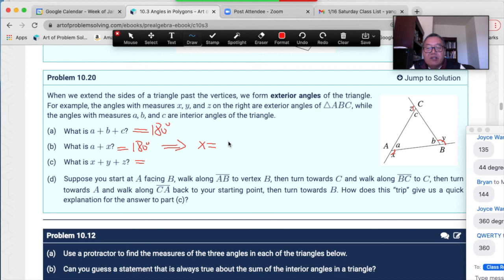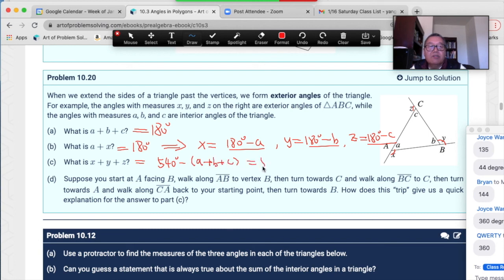You can get X equals 180 degrees minus A, right? Then from here you can get Y equals 180 degrees minus B. And from here you can get Z equals 180 degrees minus C. Therefore, X plus Y plus Z will equal 180 minus A plus 180 minus B plus 180 minus C. That gives you 540 degrees minus (A plus B plus C).